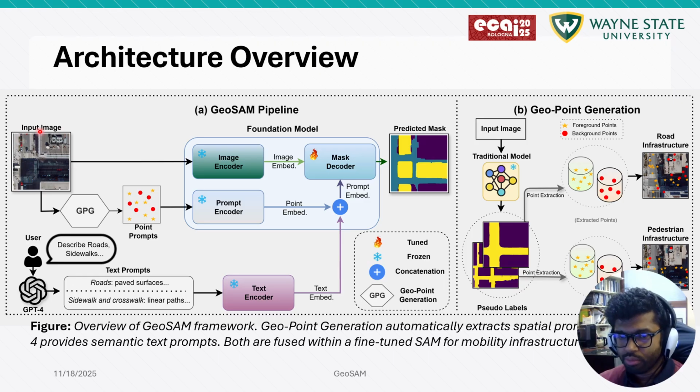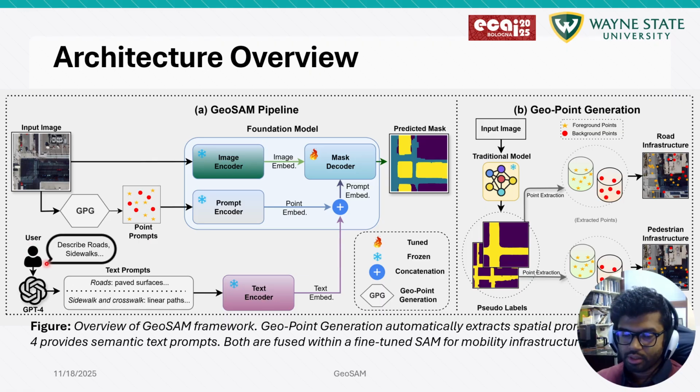Let's say we have an input image, an aerial or satellite image, which goes into the foundation model. At first, it goes into the image encoder, which gives us image embeddings. Then it also goes into the GPZ, which we call geo-point generation, which generates automated points that go into the prompt encoder and give us point embeddings.